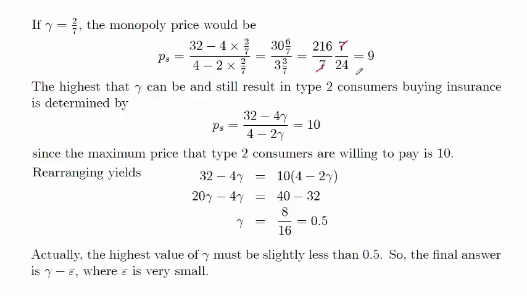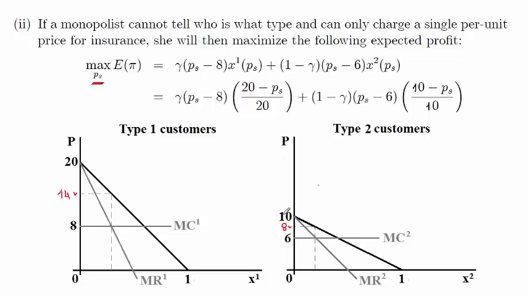Now, we need to answer the question of what the highest value of gamma can be, which will still result in type 2 consumers buying insurance. This is going to be determined by this equation. So where do we get this? Well, this is our profit maximizing price. But where do we get this 10? Well, we know that type 2 customers will buy only if the price does not exceed 10.